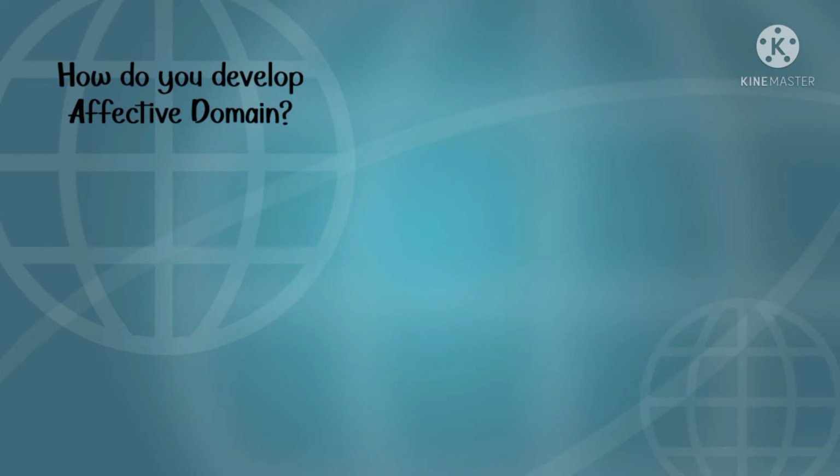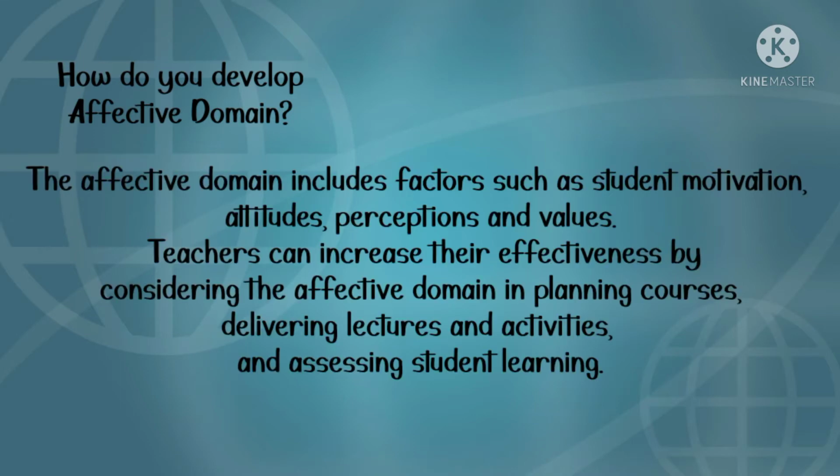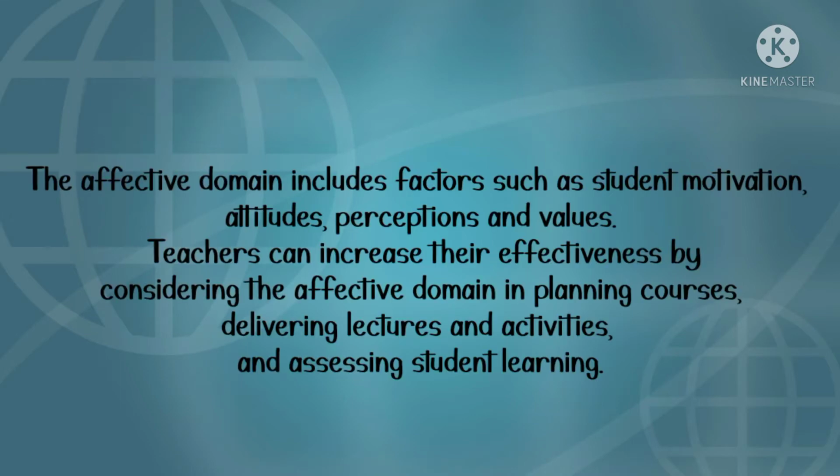How do you develop the affective domain? The affective domain includes factors such as student motivation, attitudes, perceptions, and values. Teachers can increase their effectiveness by considering the affective domain in planning courses, delivering lectures and activities, and assisting student learning.